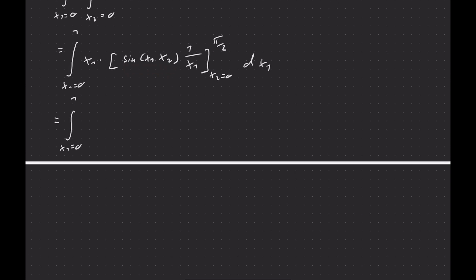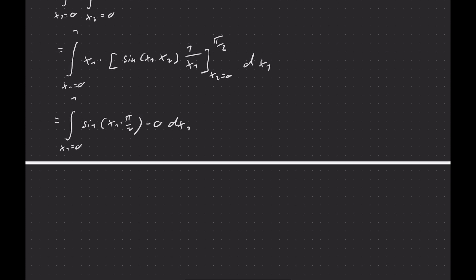The sine of pi over 2 times x1, that's the upper bound. And then we subtract the sine at x2 equals 0. So that's the sine of 0, which is just 0. Okay, so we need to integrate that with respect to x1.